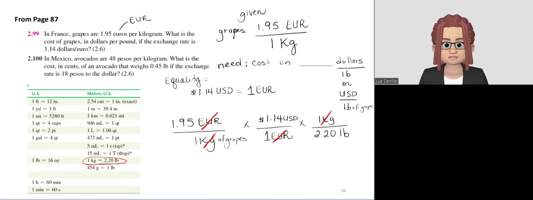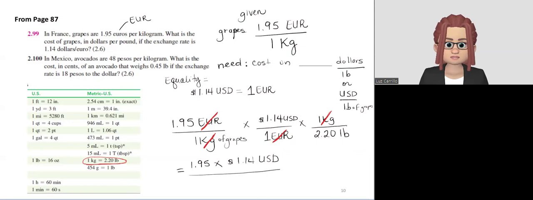So when we are solving this problem, we can state if we take 1.95, multiply it by 1.14 USD, which is our remaining unit at the top, and we take everything and divide it by the value of 2.20 in the unit of pounds, you can observe that already we have USD to pounds like the problem is asking us to do.